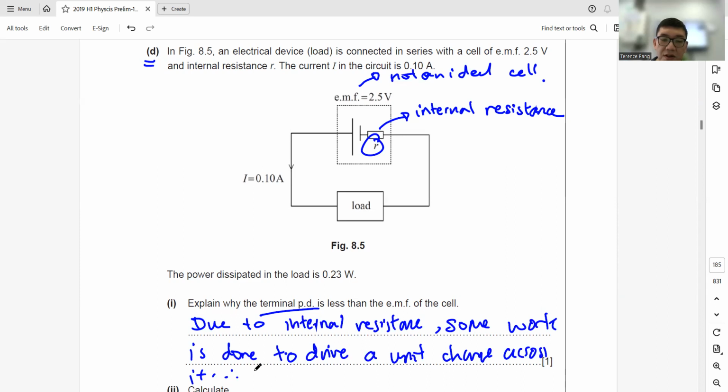Therefore, there is a drop in potential difference.